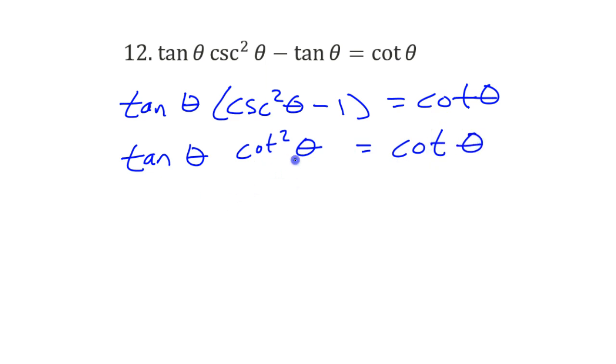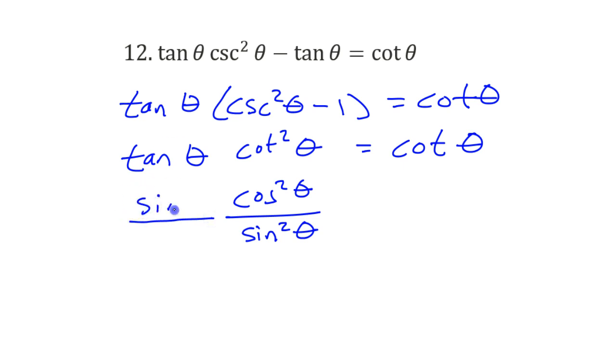Now, cotangent is cosine over sine. So this is cosine squared theta over sine squared theta. Meanwhile, tangent is sine over cosine.